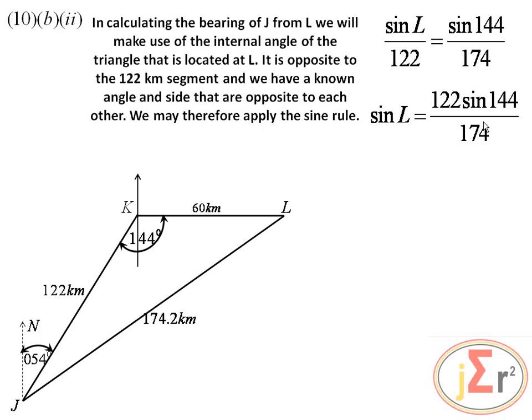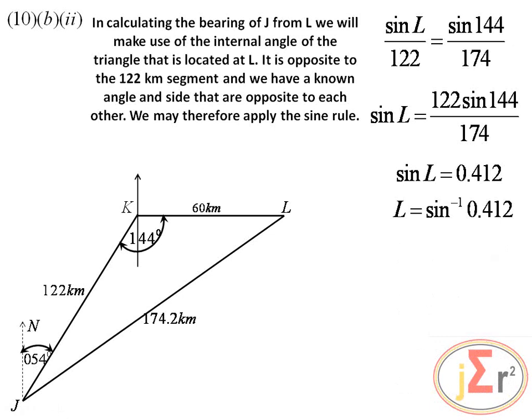We know that with the kind of scientific calculator that we have today, this is a matter of one single step. Sine of L is equal to 0.412. What is L? L is sine inverse of 0.412.